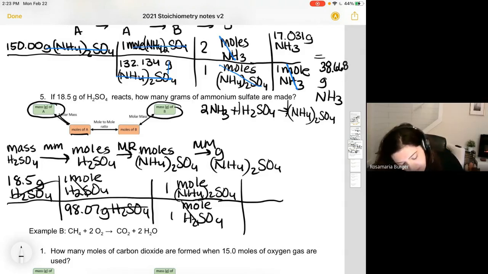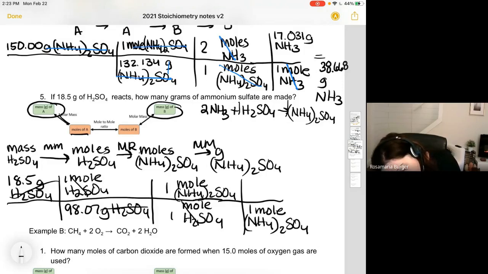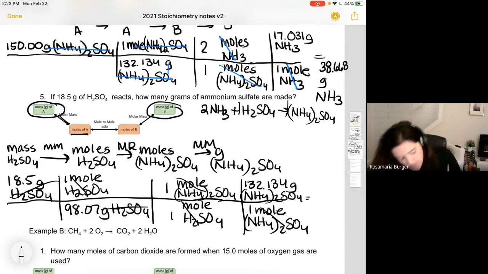So now for every 1 mole of (NH4)2SO4, you get 132.134 grams of (NH4)2SO4. So moles of ammonium sulfate cancels out.